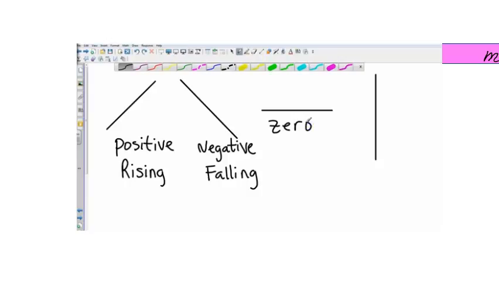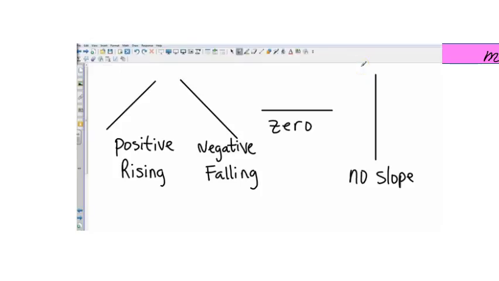And the last one, as crazy as it looks, this one has no slope. It's impossible. If you go to the top of this mountain and try to ski down it, you will notice it's a cliff. So there will be no skiing today. So it will just be falling. So we have positive rising slope, negative falling slope, 0 slope, and no slope.